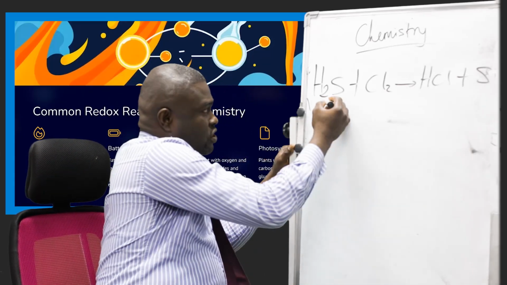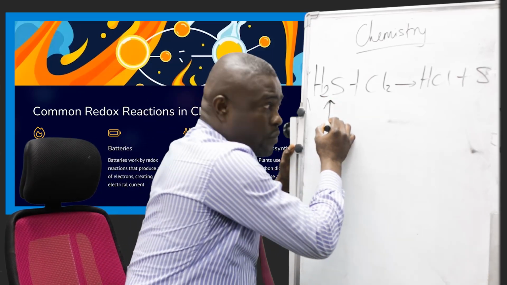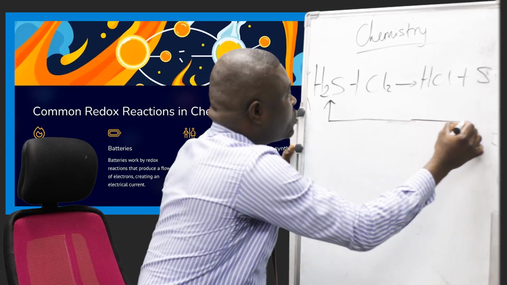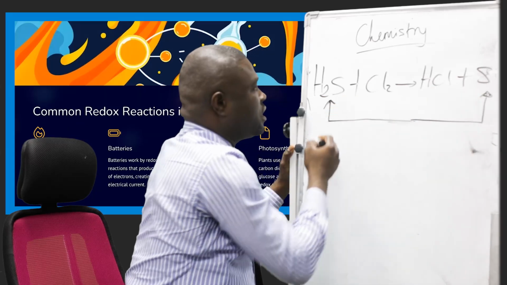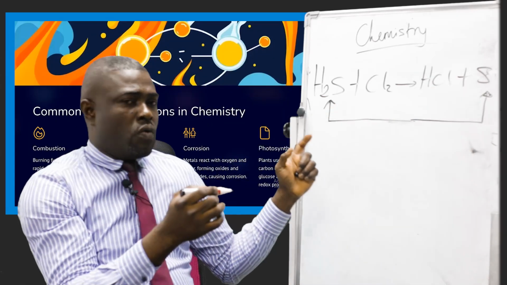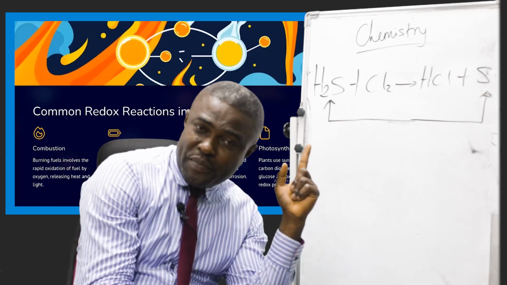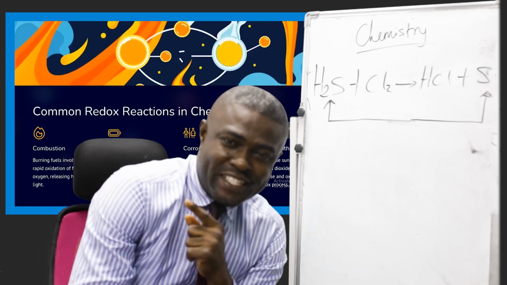Permit me to start this reaction with hydrogen sulfide and move to the product side, dropping at where sulfur is deposited. What can you see? A chemical reaction has taken place, but hydrogen has been removed.